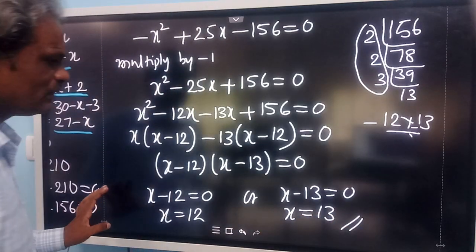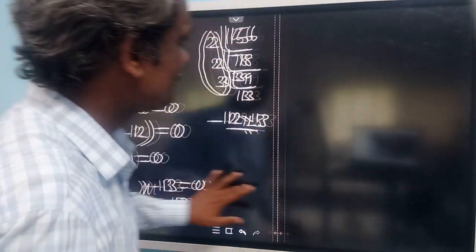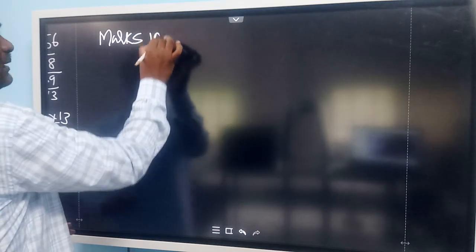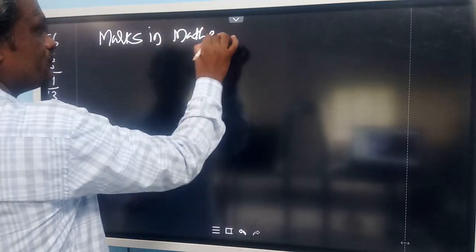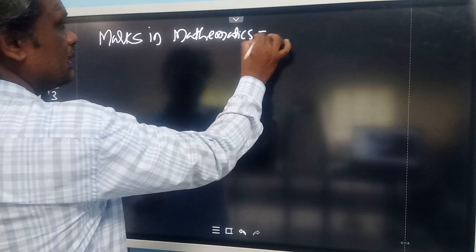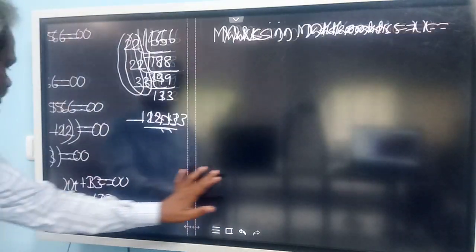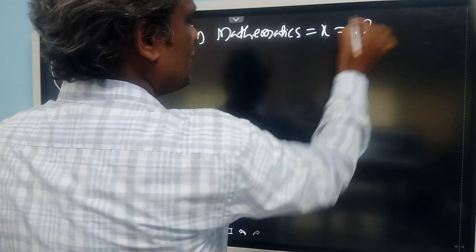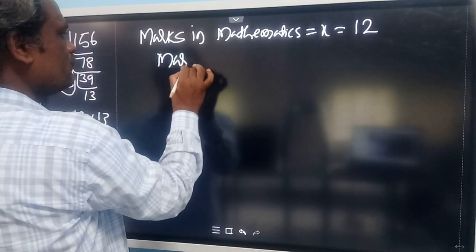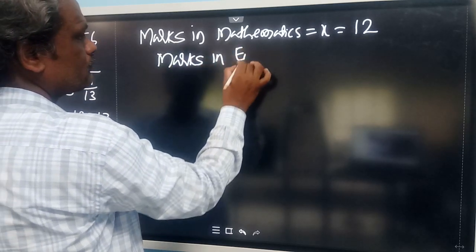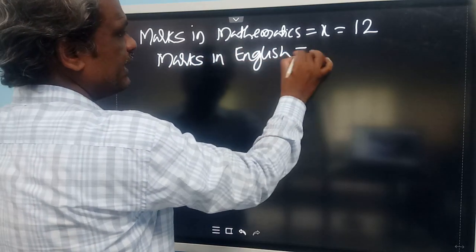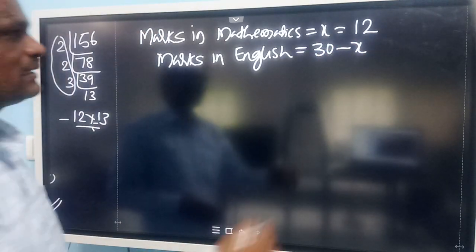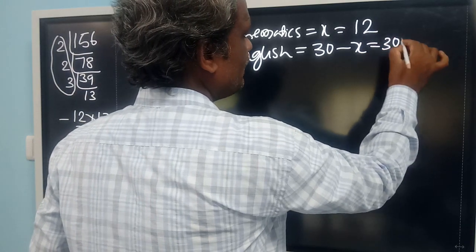So we got, this is the marks in mathematics. Suppose let us take the marks in mathematics x is equal to, let us take the first one. What is the value of the first one? 12. Then marks in English will become 30 minus x, that is 30 minus 12.